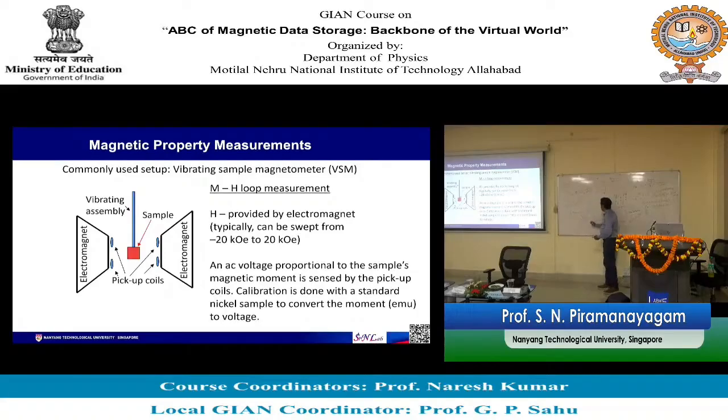So I know that 1 millivolt correspond to 5 micro EMU. Okay. So, by measuring the properties of a known sample, you can calibrate how much voltage correspond to how many micro EMU. Okay. Now, let us say I place some unknown sample.